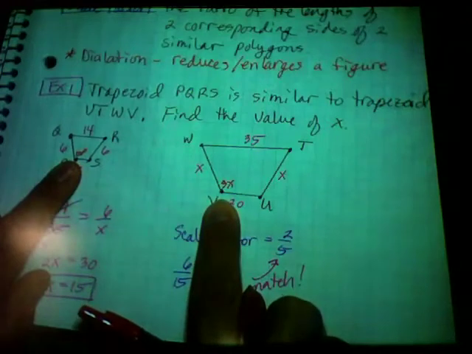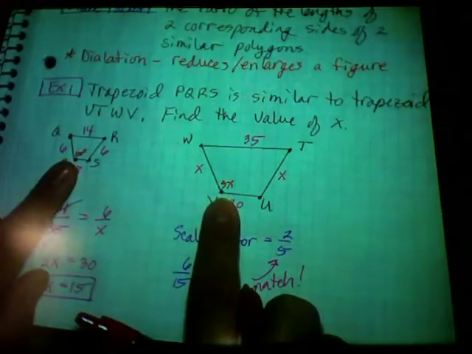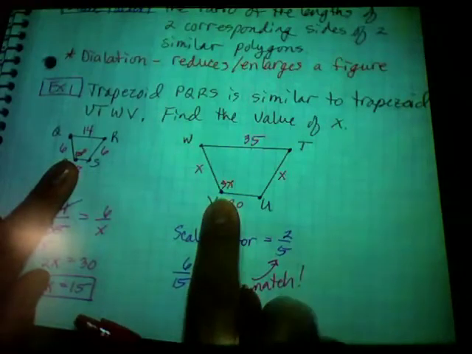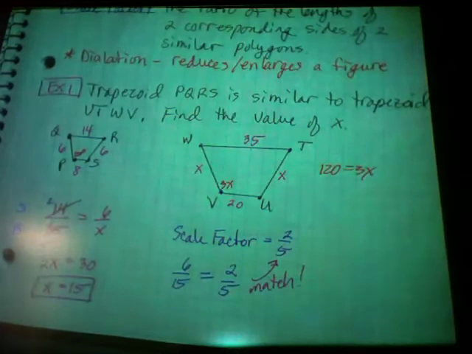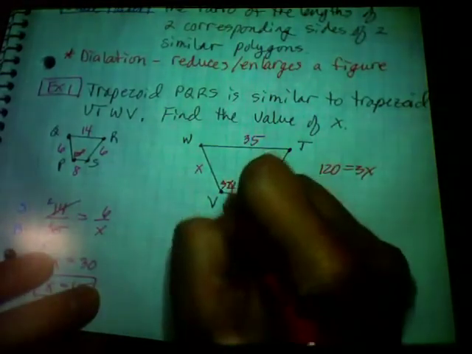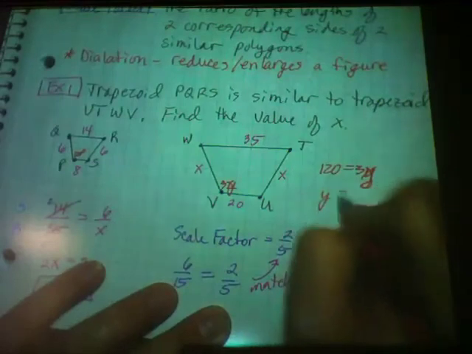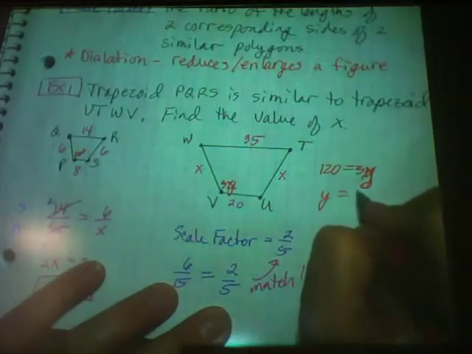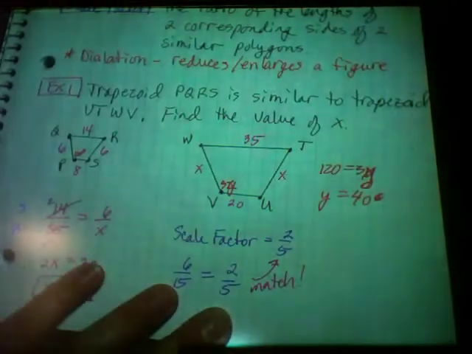Would you have set up a proportion? What do you know about corresponding angles in similar figures? They're equal. So if I had given you that, you would have 120 equals 3x. You'd set those equal to each other. I guess I should put a y, right? Because it's different than our x. So wouldn't I say y is equal to what? 40. Or not degrees, just 40, right?